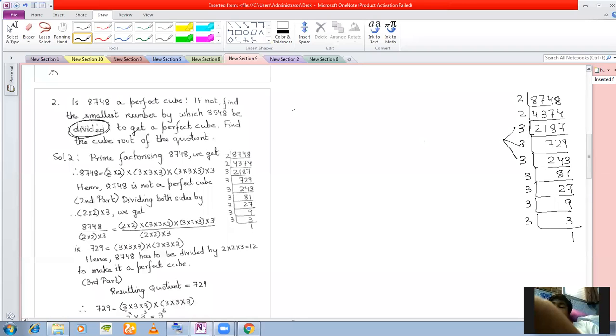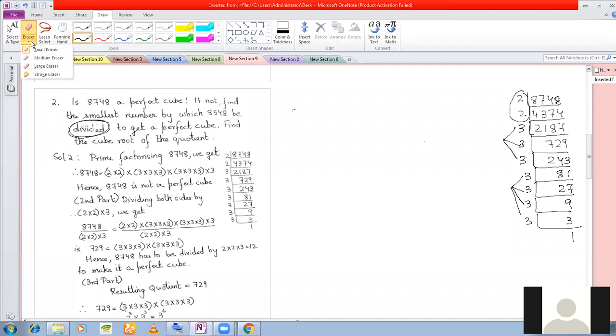This is one triplet. This is another triplet. This 3 is alone, and this 2 only forms a pair. It does not form a triplet. So all the equal prime factors do not form triplets. Therefore, it cannot be a perfect cube.